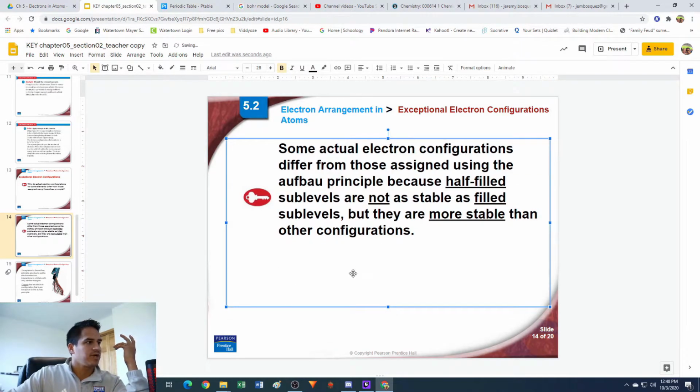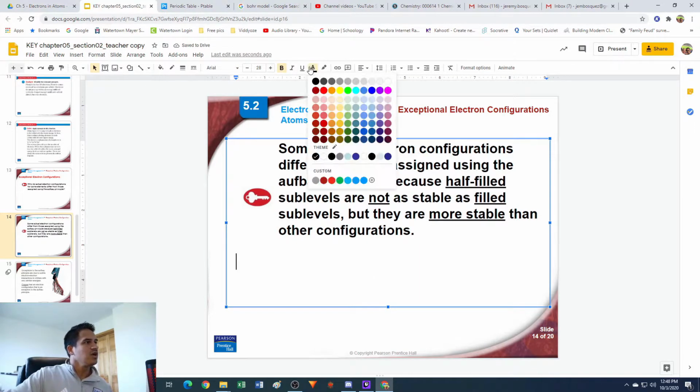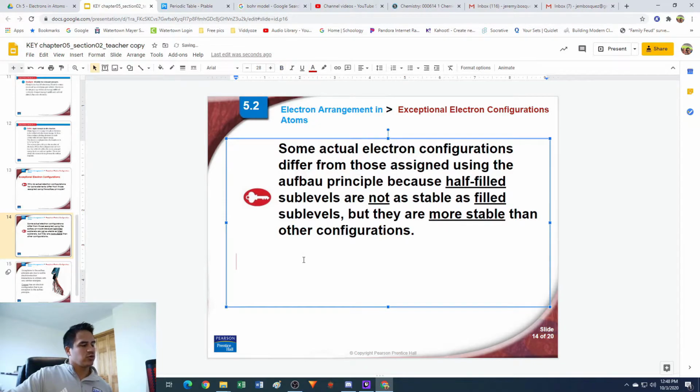Let me explain. I'm going to shift this up here so we can actually do some typing. Let's think of the s orbitals. There's only one s orbital. And remember, the Pauli exclusion principle says at most 2 electrons can fill an orbital. So the most number of electrons that can fill any s orbital, whether it be 1s or 2s or 3s, is 2 electrons.